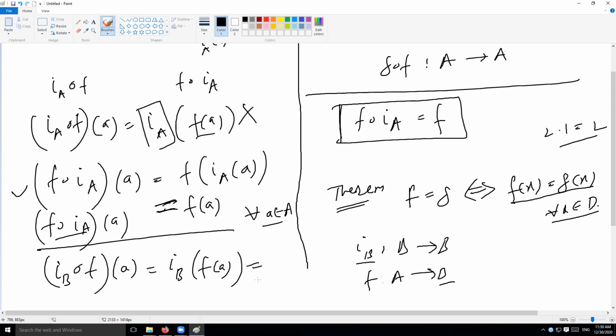F of A, because whatever the identity function swallows, it just spits out the same thing.